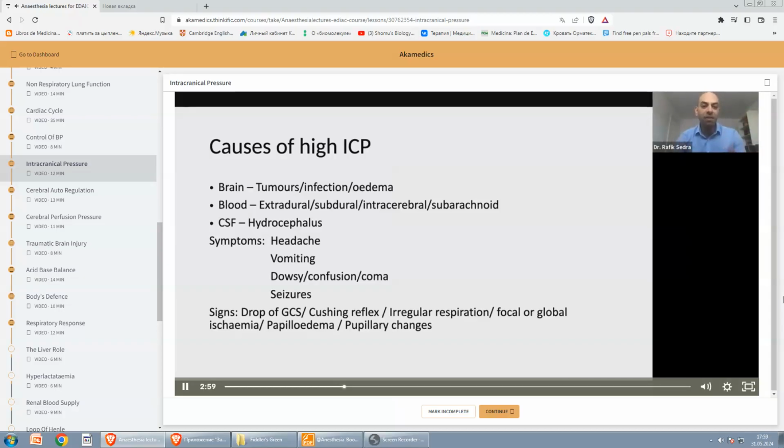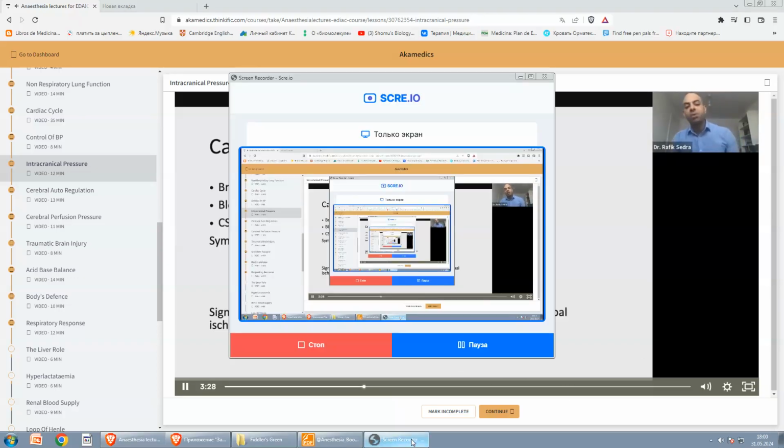High ICP, the first symptom is headaches, okay. All those people, when you talk to them, the first symptom they got is headache. So headache is the first thing to say. Then second, some of them will get projectile vomiting, and when the headaches start to be more and more severe, sometimes it goes completely and then comes back, and then they'll start to feel slightly drowsy or confused, and then they'll start to have some seizures, which is fits.